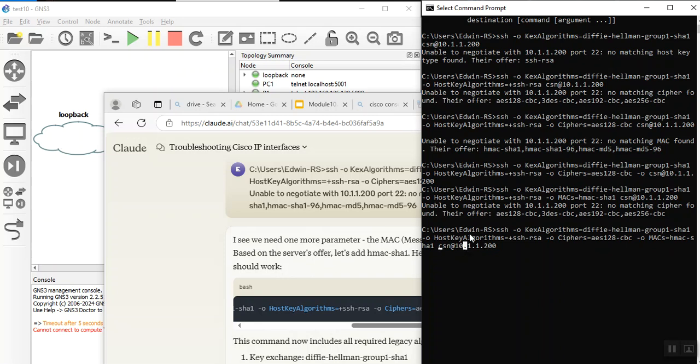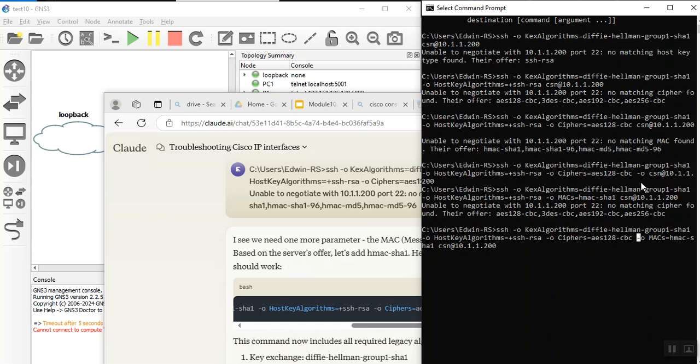So -o HostKeyAlgorithms +ssh-rsa, right? Still had a problem. No match for the ciphers, right? No matching ciphers. Right here it's telling us this is the ciphers they offer. So we got to force these ciphers, right?